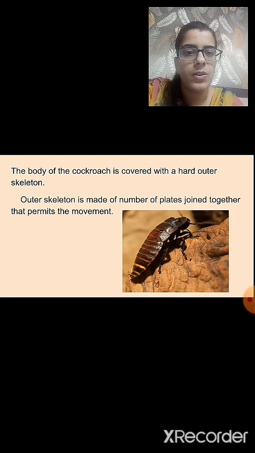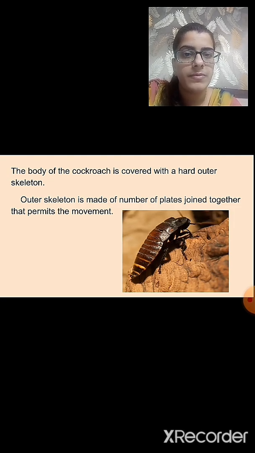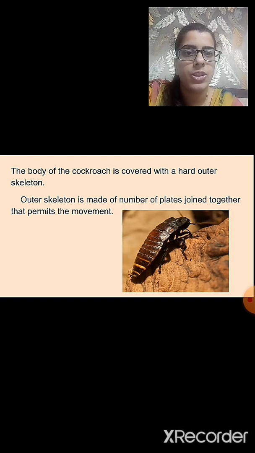The body of the cockroach is covered with a hard outer skeleton. The outer skeleton is made up of a number of plates joined together, which permits the movement.